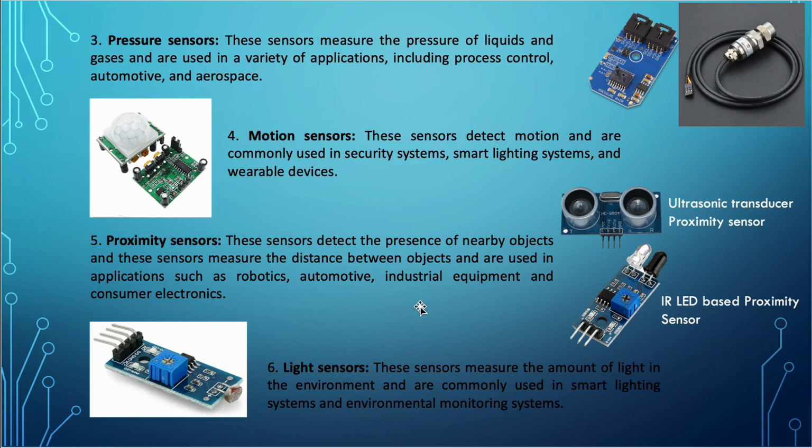But the difference for proximity sensors is they can detect the distance between the IoT device and the object itself, right? Proximity sensors have different categories: inductive, capacitive, optical, magnetic. Again, we talked about contact sensors before as an example.